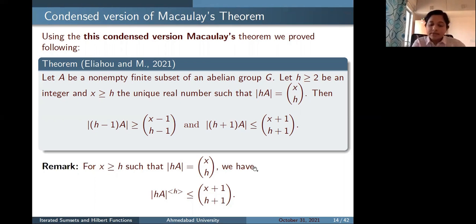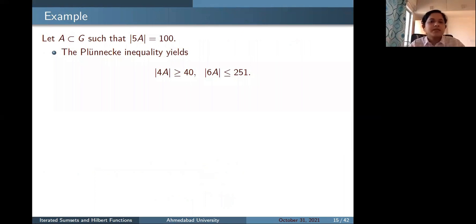So basically, the last upper bound which we get is a stronger upper bound than this one as well. Now let's discuss how strong these are through an example. So I'm taking any abelian group, and I'm taking a finite subset so that the cardinality of 5A is 100.